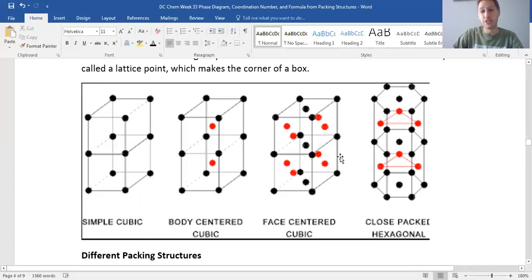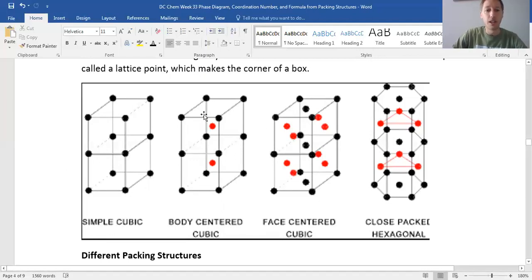The only difference is face center cubic has, I want to say, an ABA pattern, and close packed hexagonal has an ABC pattern, but the actual coordination numbers and number of atoms in the unit cell don't change. So it's just an orientation thing within the cell. In this class, we'll count them as the same, but for future chemistry classes, they're not the same, with a slight change in orientation.